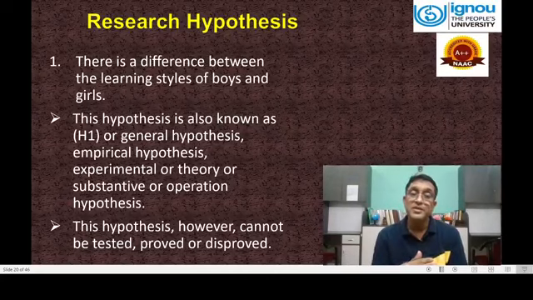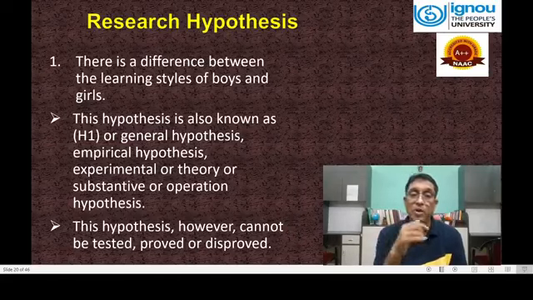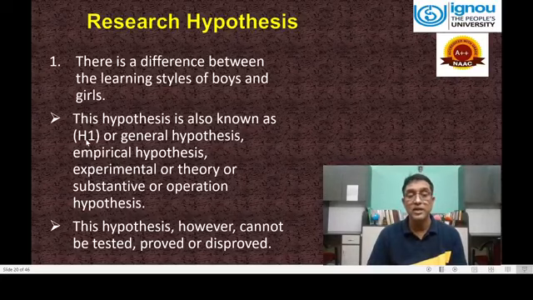Taking only the research hypothesis, you can't conduct a study unless you further develop a statistical hypothesis or a null hypothesis. This hypothesis is also known as the H1 research hypothesis, or general hypothesis. You can say it is an empirical hypothesis, an experimental hypothesis, a theory hypothesis, or a substantive or operational hypothesis.